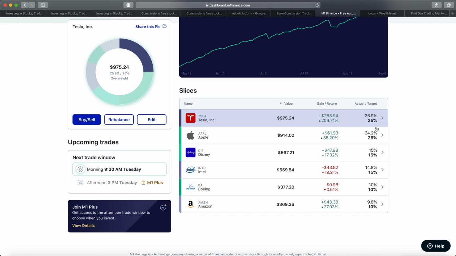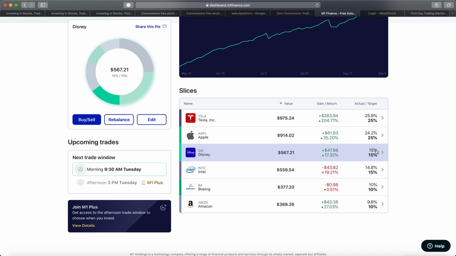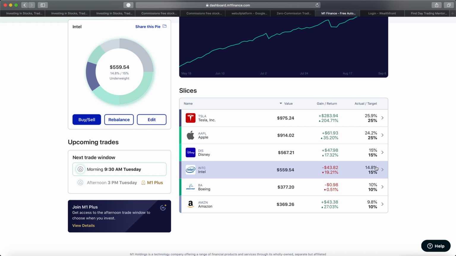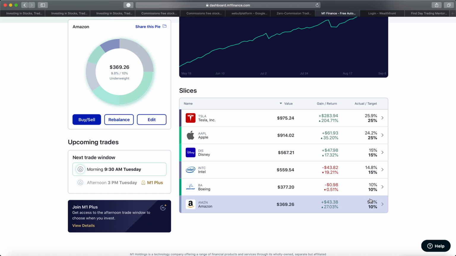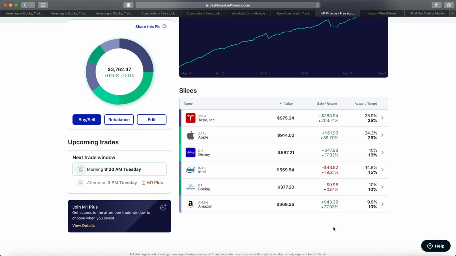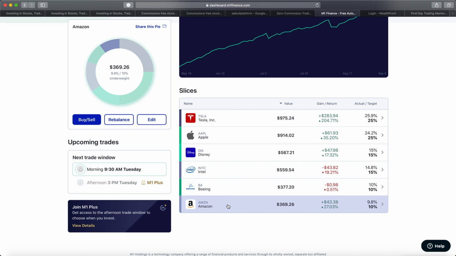I currently have Tesla at 25%, Apple the same, Disney and Intel at 15%, and Boeing and Amazon at 10%. So the way this would work is you would click buy, you would deposit $100, and it would split that $100 between all these stocks. You'll buy fractional shares because, again, $100 isn't enough to buy any of these bigger stocks like Tesla or Apple or Amazon, but you start buying fractional shares.